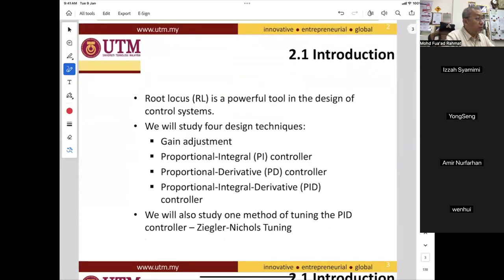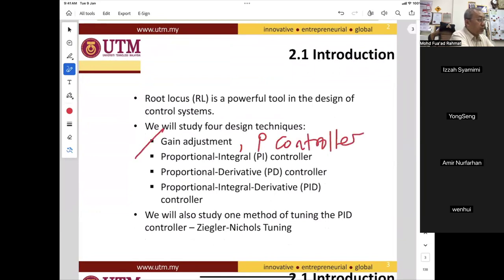So as we all know that root locus is a powerful tool in the design of controller in time domain. So it has 4 types of controller, which is gain adjustment, usually known as P controller.